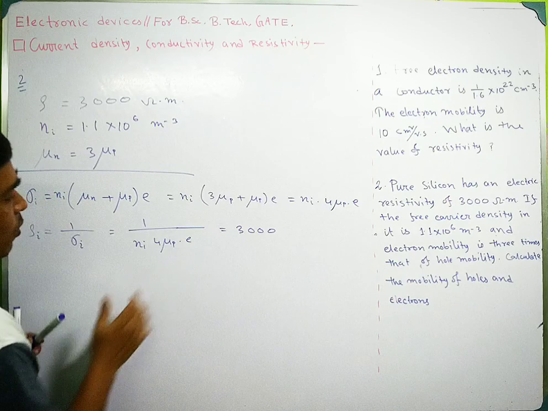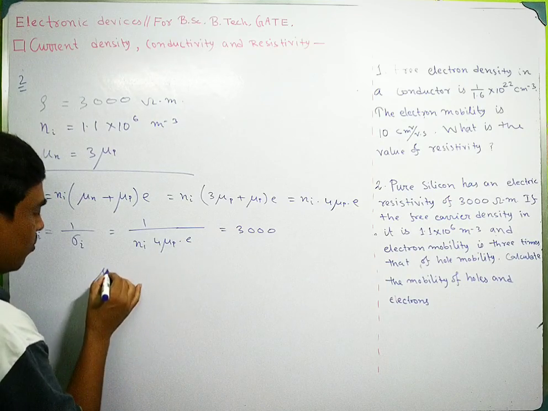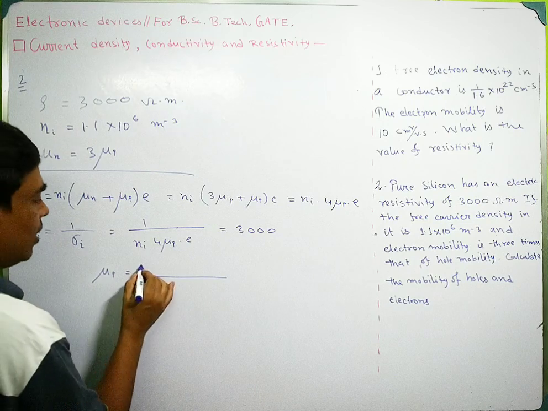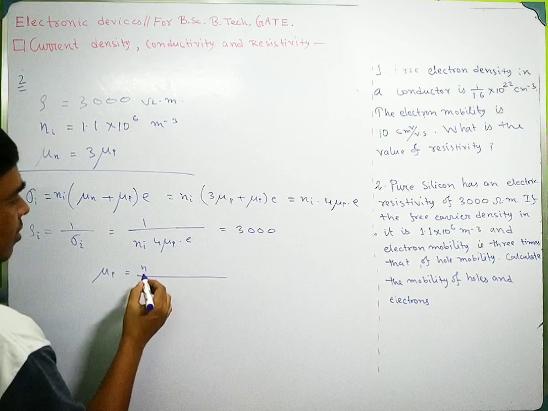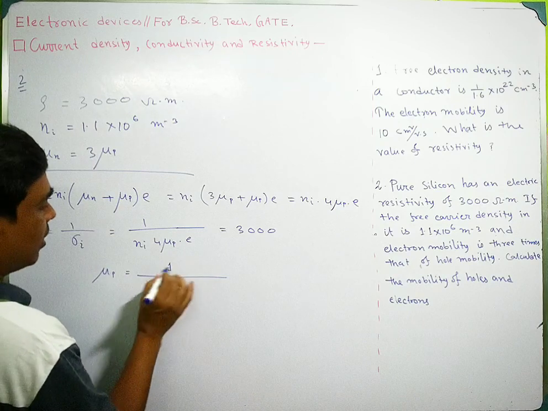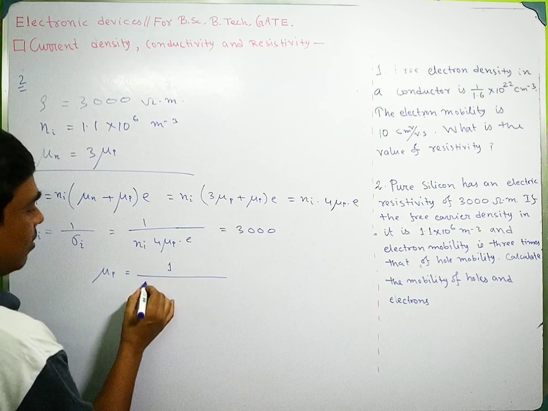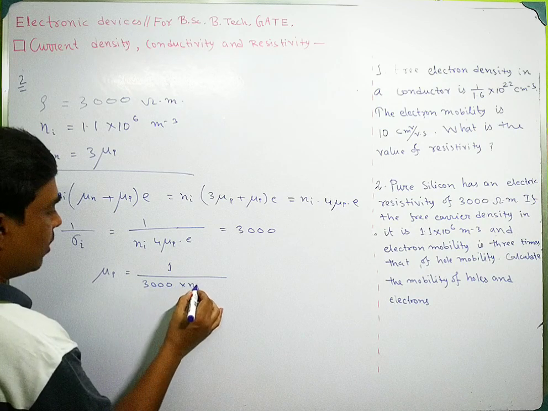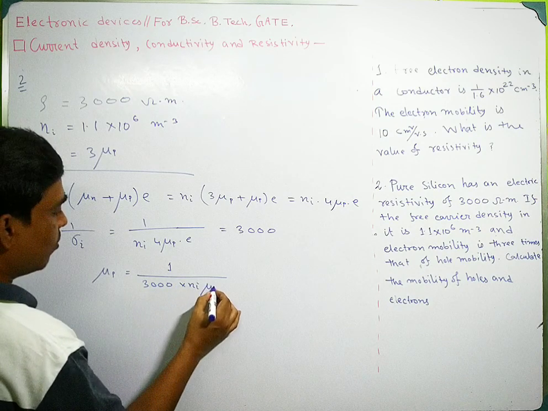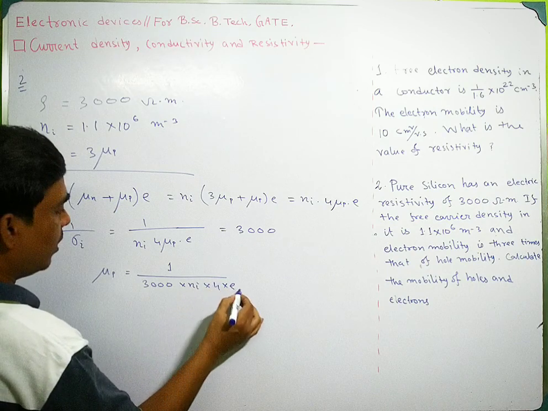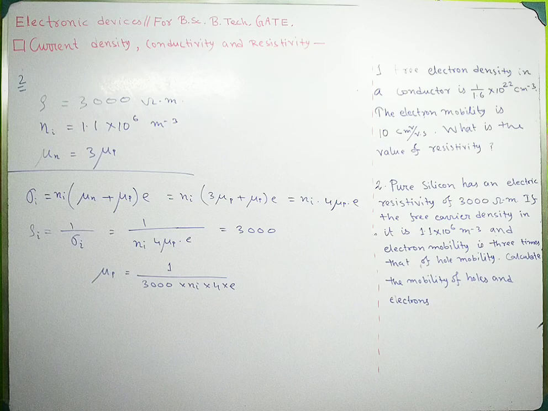From this equation, mu p is given by 1 divided by 3000 into Ni into 4 into E. This is the equation for mu p.